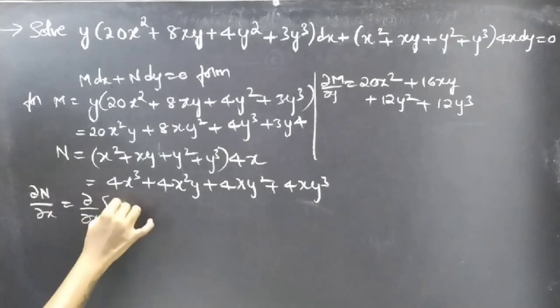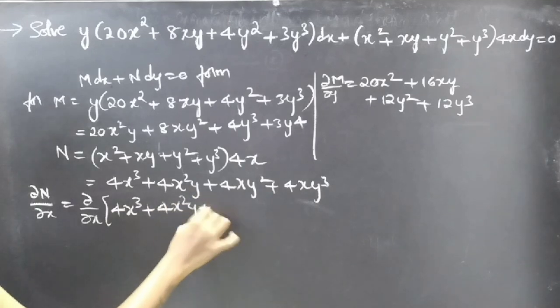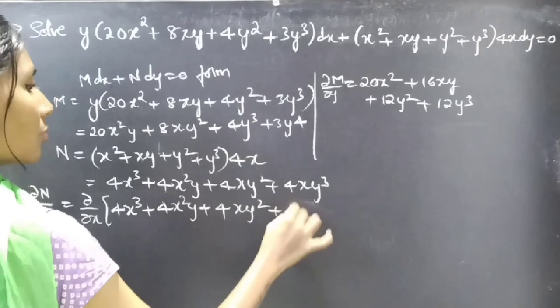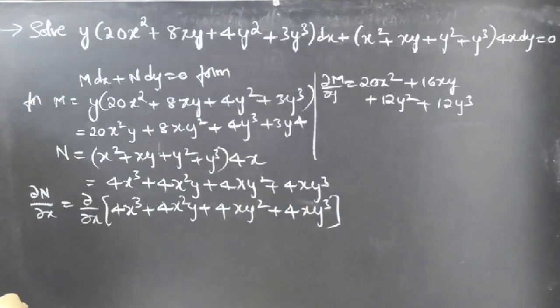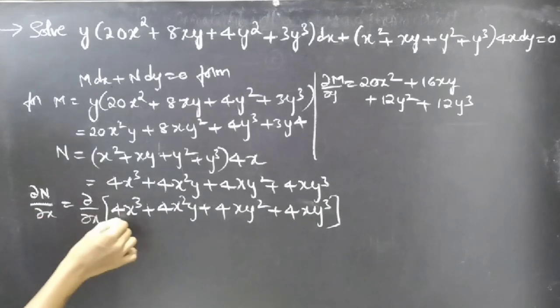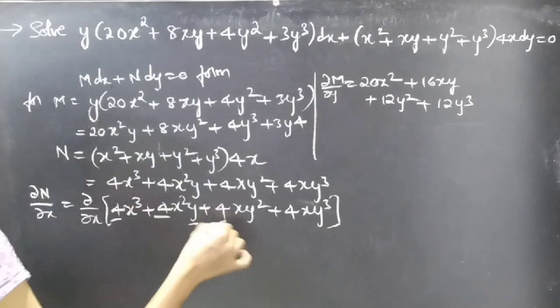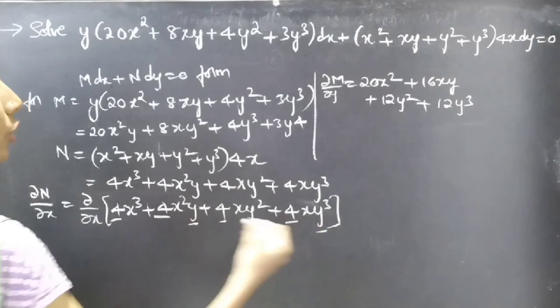We have N equal to 4x³ + 4x²y + 4xy² + 4xy³, right? Here we need to partially differentiate N with respect to x, so we'll treat y as constant. In the first term 4 is constant, in the second term 4y is constant, in the third term 4y² is constant, in the last term 4y³ is constant.